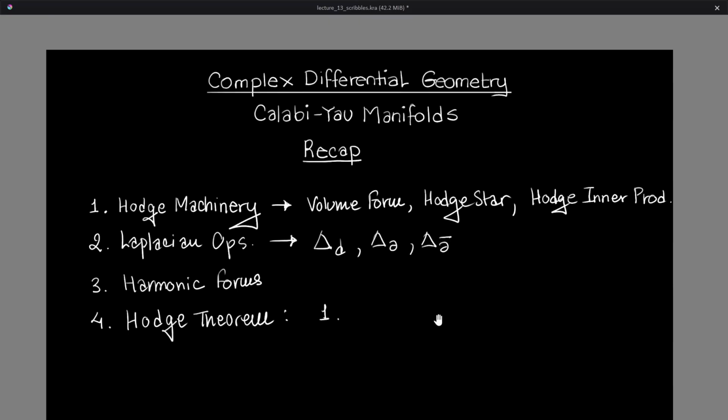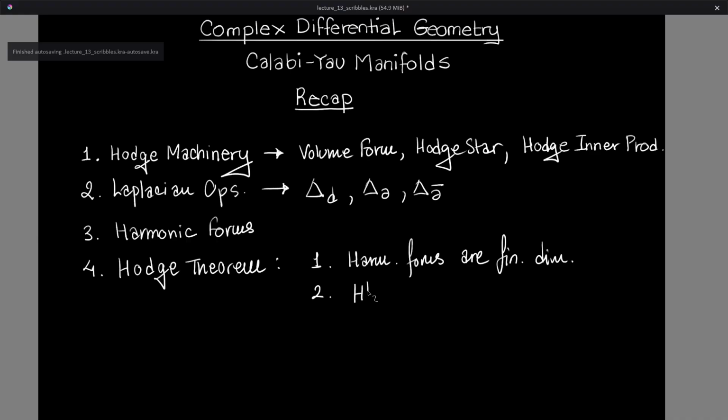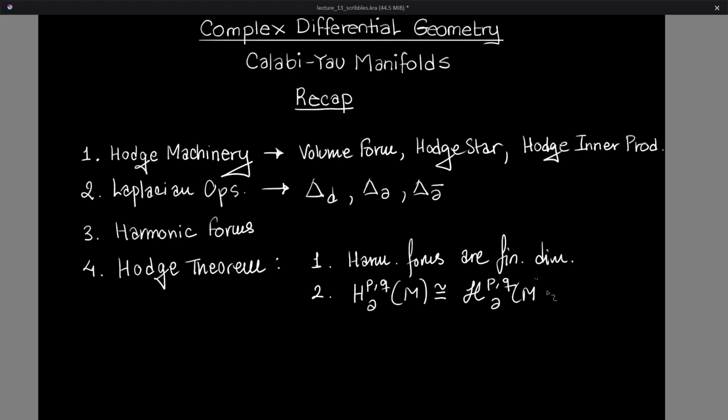One, that the harmonic forms are finite dimensional as a set. Two, that the cohomology groups H^{p,q}_∂(M) are isomorphic to the harmonic forms H^{p,q}_∂(M). So there's a unique harmonic representative for each cohomology group.